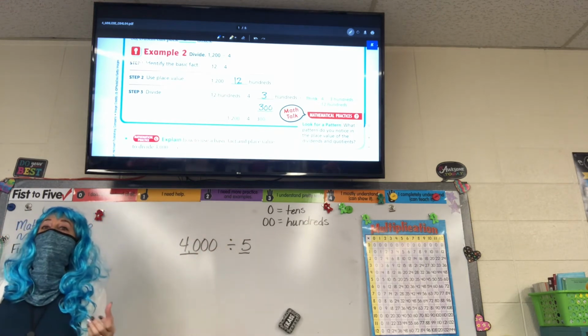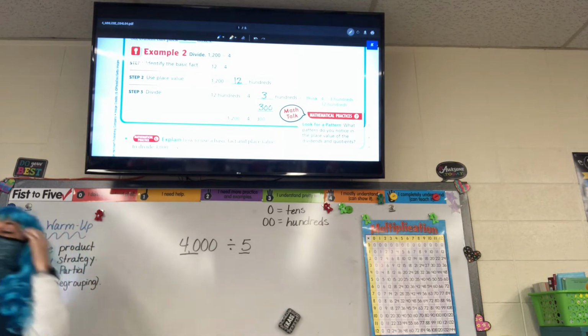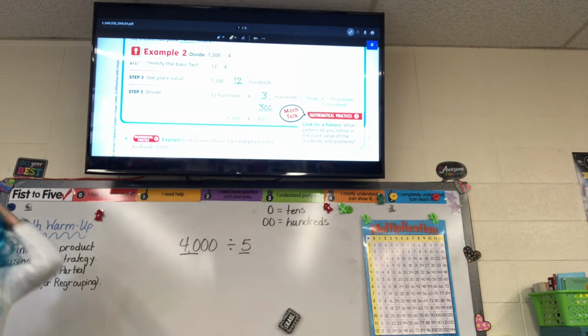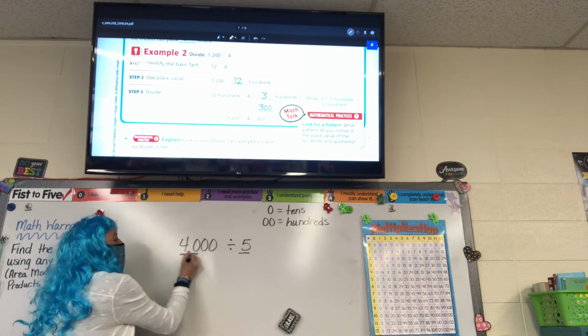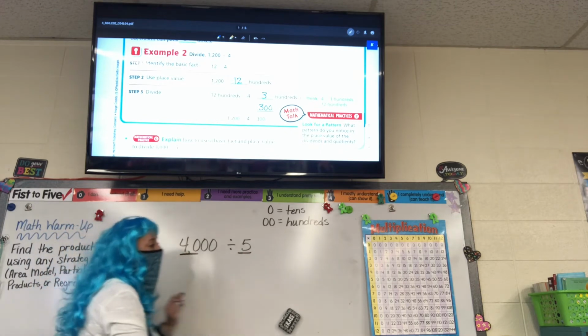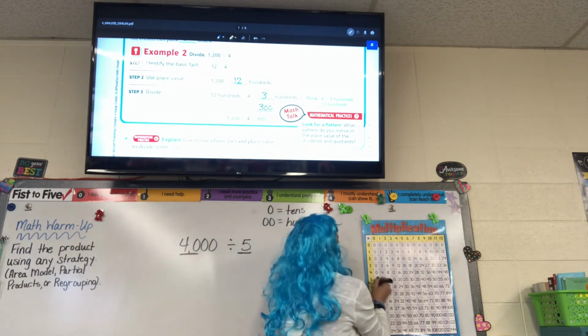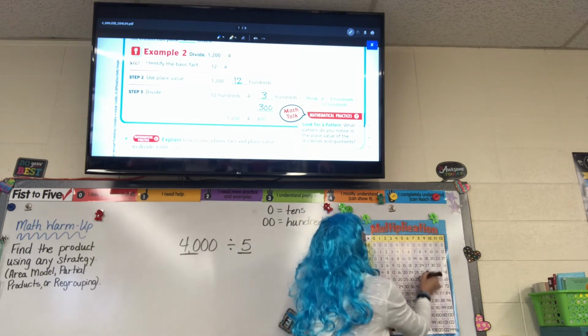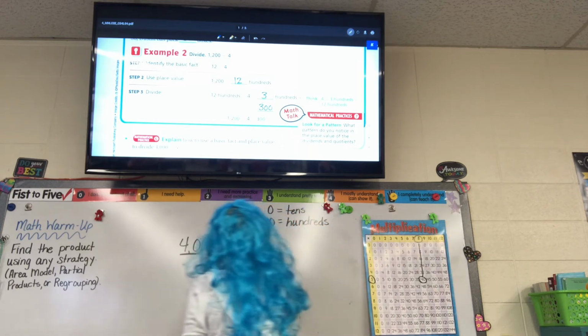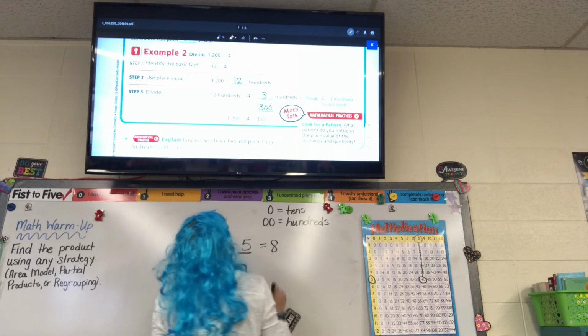So this is what we have to do. We have to take one of those zeros from 4,000 and turn this into 40 divided by 5. If we go to the 5 row, is there a 40 on there? Yes. And go up, what's the answer? 8. So 40 divided by 5 equals 8.